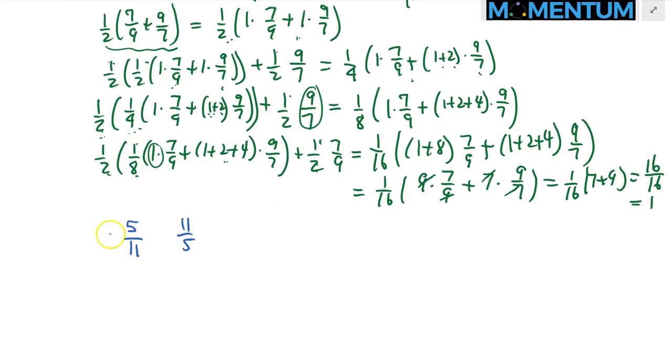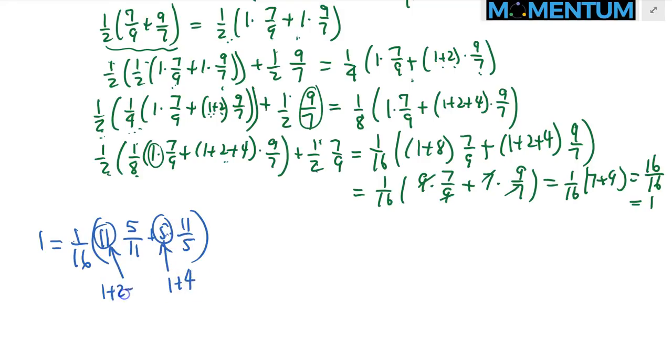So basically I need to multiply this one by 11, this one by 5, and this one would be 1 over 16. So in order to get to 11 and 5, I think the idea is clear. So this one will be 1 plus 1 plus, I probably need a 4 here, right? And then for this one I will use the rest. That's it. And these numbers obviously add up to 16.